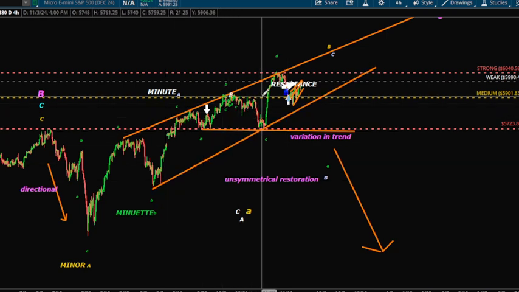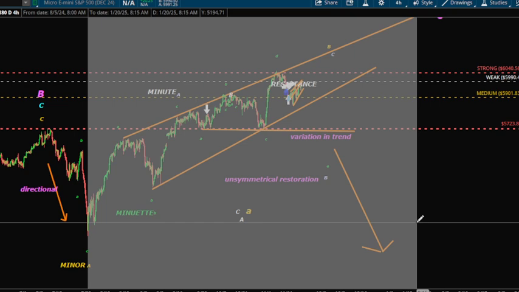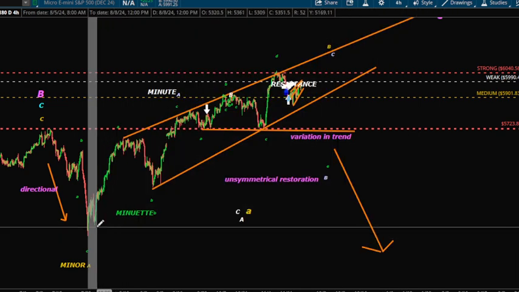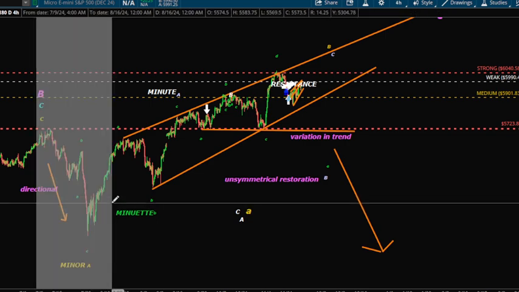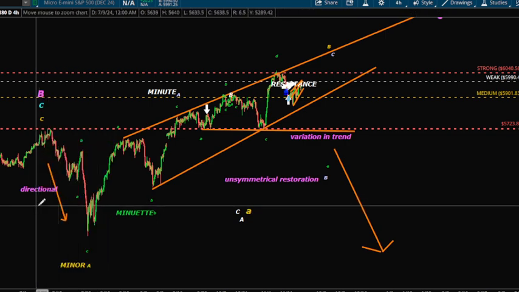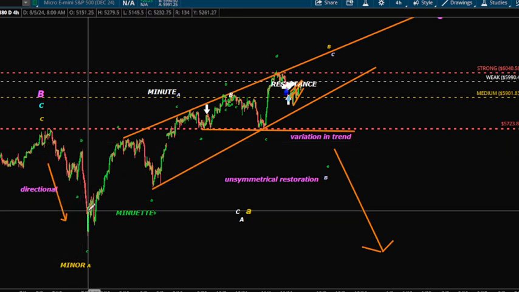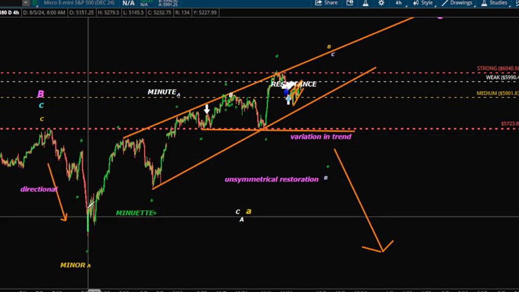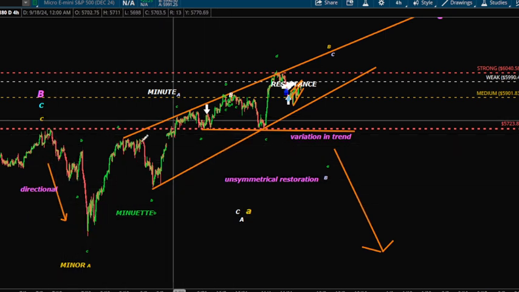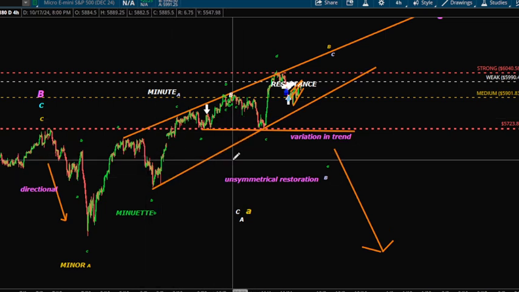bigger moves. So the only problem I have is that this entire move is just taking a lot longer in time duration compared to the initial direction from here, because I'm pretty sure this move was giving us the direction right here, and all of this is just kind of a correction, if you will.